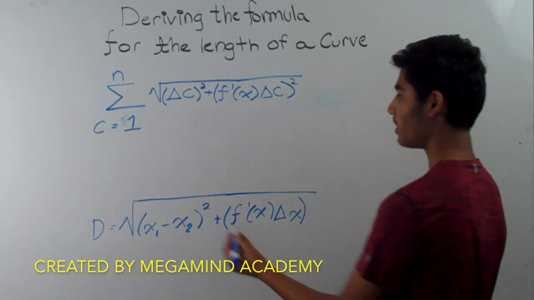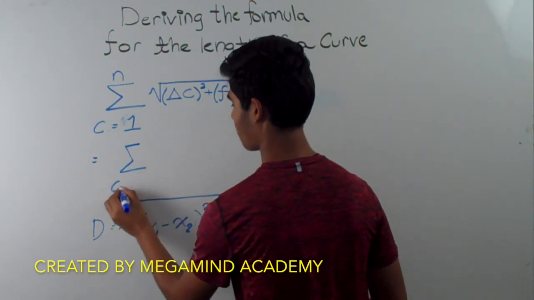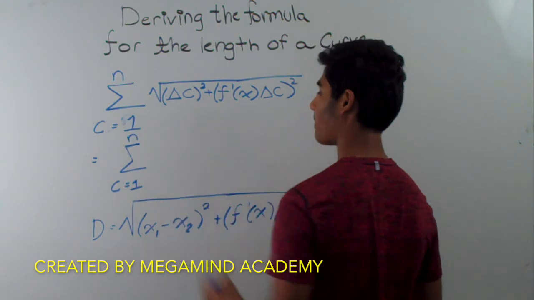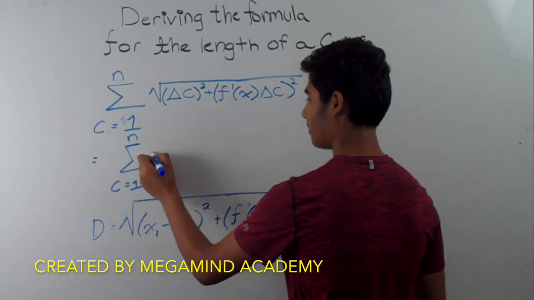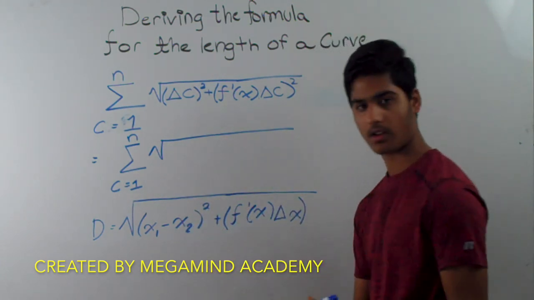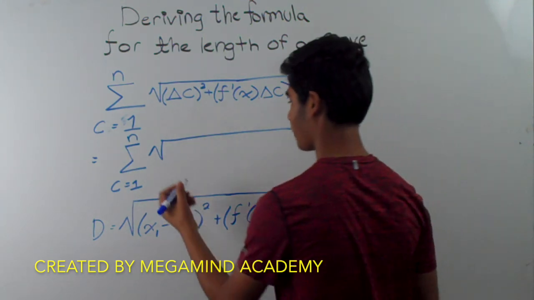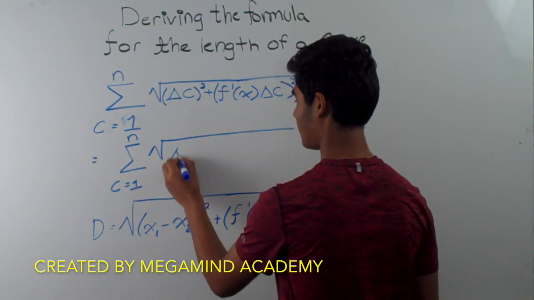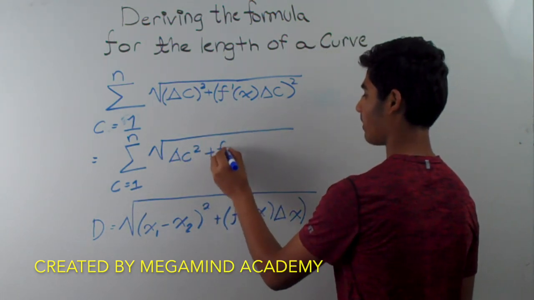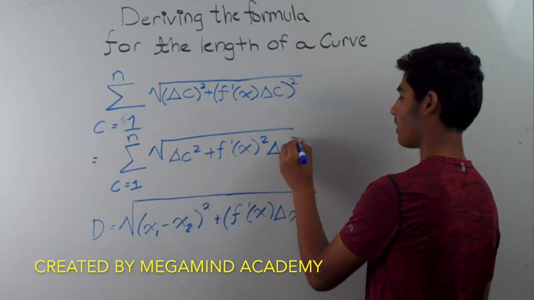Well, this helps because we know that this would be equal to the sum from c equals 1, which is our first interval, to interval n of the square root of delta c squared plus f prime of x squared times delta c squared.